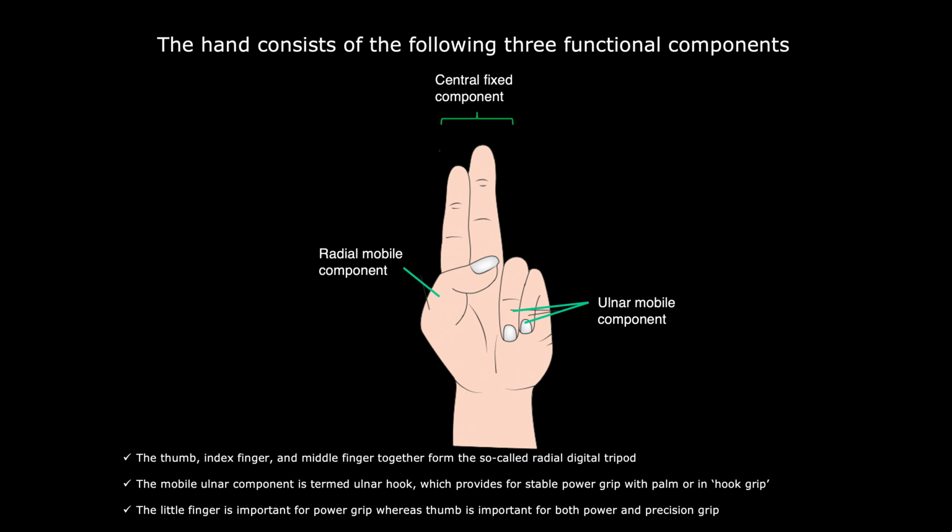My pinky is important for power grip, whereas the thumb is important for both power and precision. This is how we'll see the interchange of these different functional components of the hand. We are not going into the structural things. Primarily, our main focus will be on the functional components of the hand.